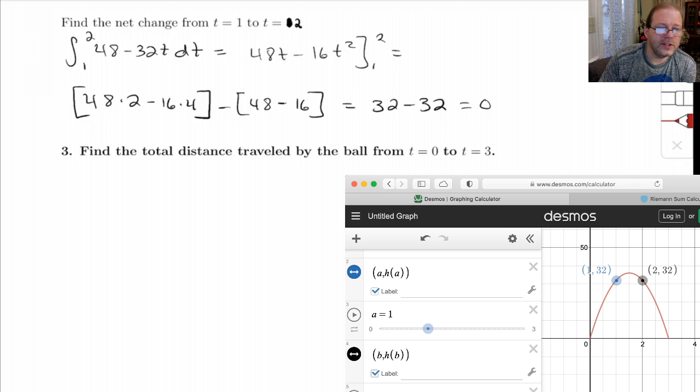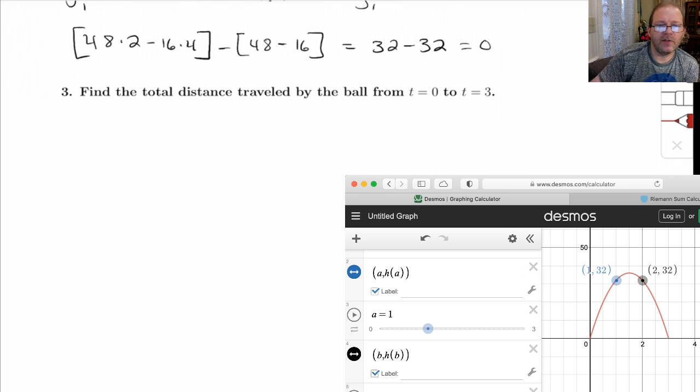All right, now this next problem says find the total distance traveled by the ball from t equals 0 to t equals 3. Well, I'm going to turn this point off. We're trying to figure out the total distance in height that the ball travels going up and going down.